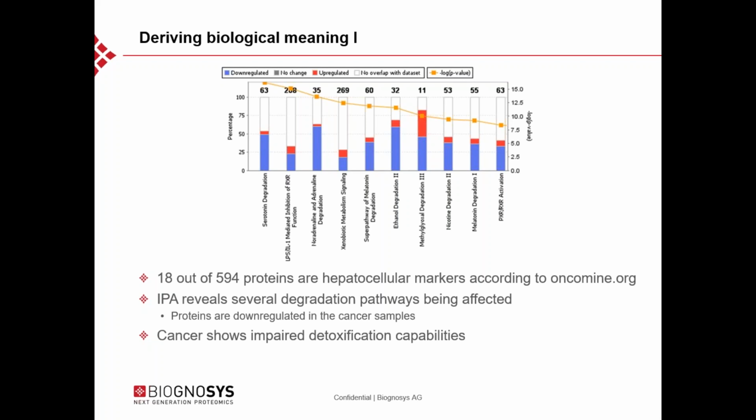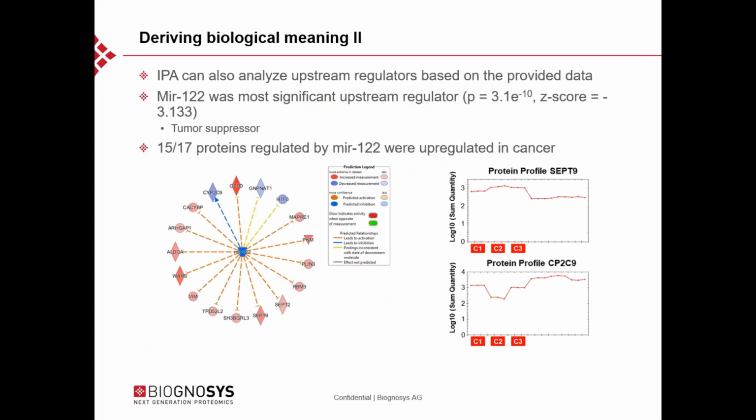On top of directly analyzing the protein candidates and the quantities that you got from the proteomics measurements, IPA is also capable of looking at upstream regulators and giving probabilities about the deregulation of these upstream regulators.